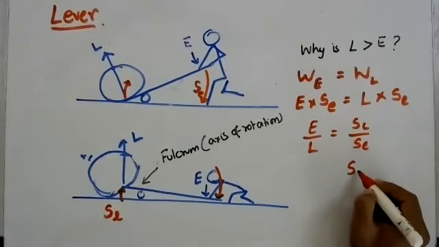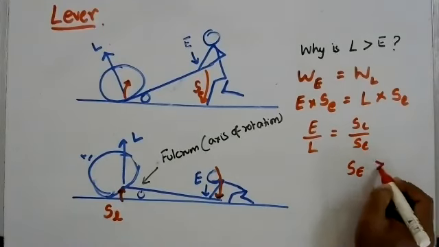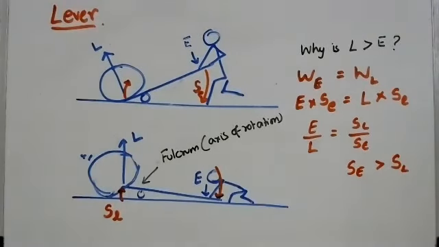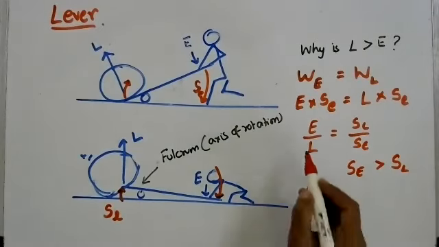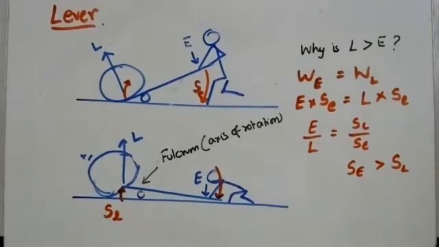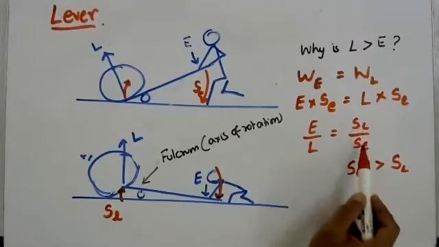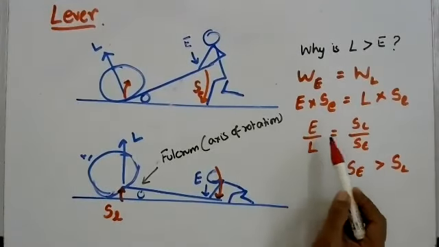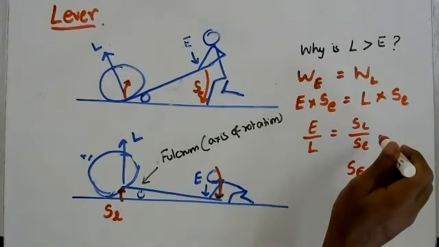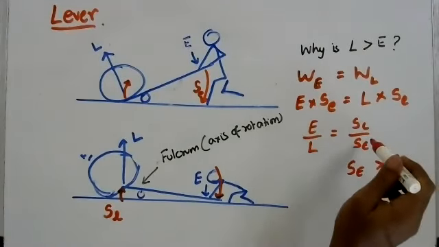The distance moved by the effort is greater than the distance moved by the load. Am I right? So now how will the effort and load compare, if the ratio is to hold true, because we got it from this, right? The left hand side is equal to the right hand side. LHS and RHS have to be the same.